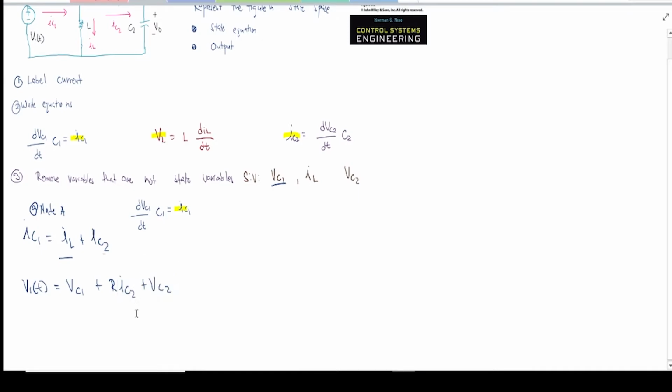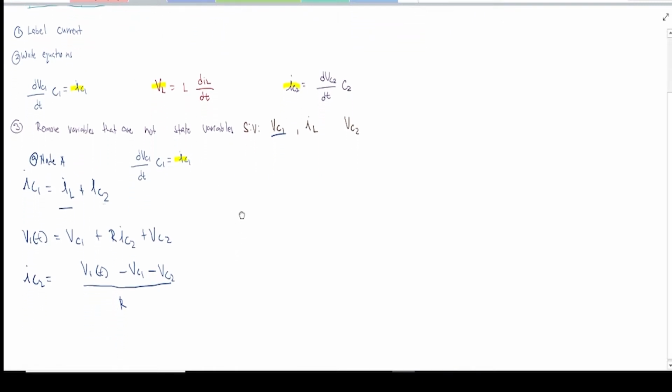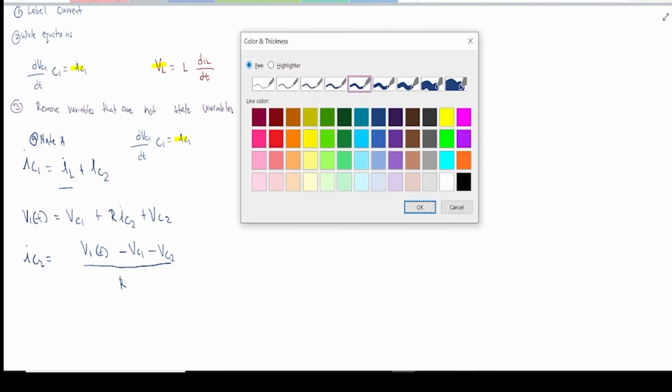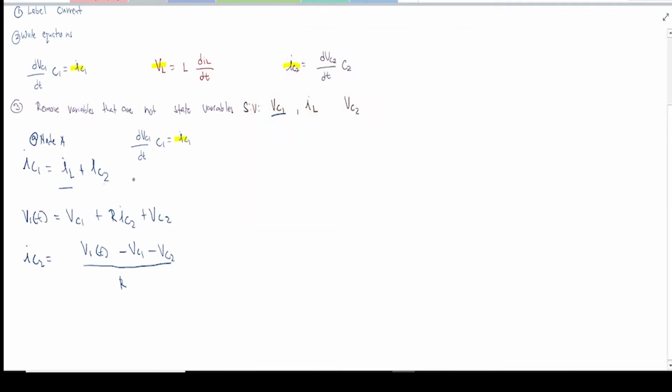We could just isolate this and then transfer all of these state variables to the other side. So what happens here is that it would become, okay, so we already have an equation for capacitor 2, which in turn we're going to put back into this equation.